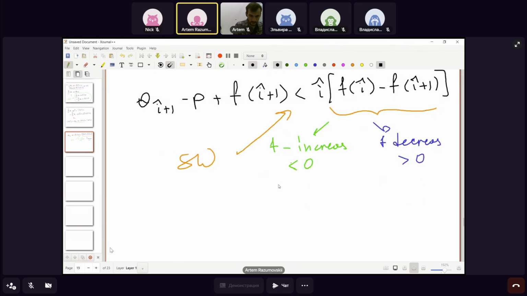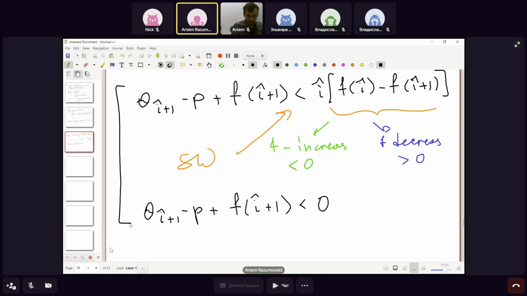So then from Nash equilibrium, we have the same, right? So, and then you compare these two.